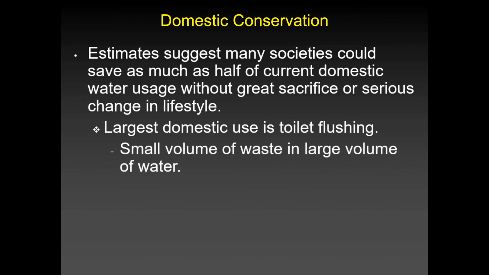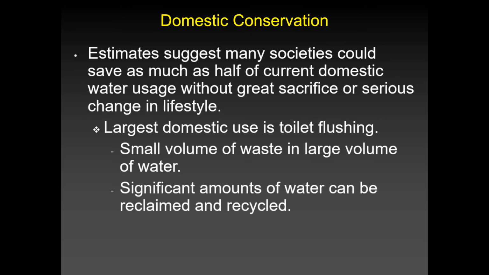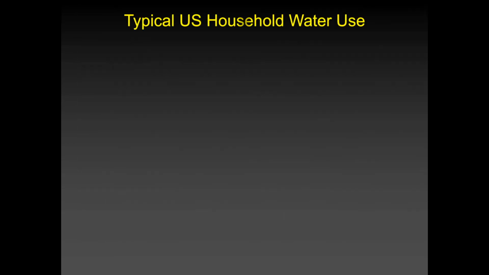But it's a small volume of waste in a large volume of water. This is why toilets have gone toward low flow or waterless. Significant amounts of water can be reclaimed and recycled. So purified sewage effluent. This is where we extract sewage from water and then we sell that sewage to farmers in the form of manure.